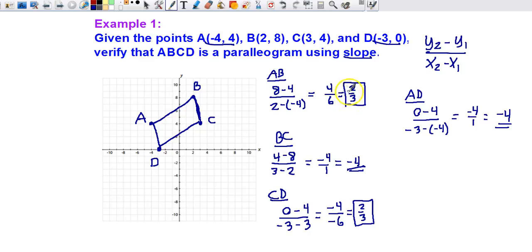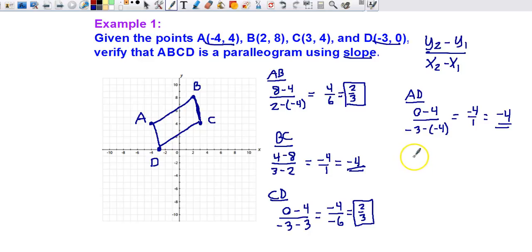Which means what? Does it mean that the opposite sides are congruent, parallel? Does it mean that the diagonals bisect each other? With slopes, you want to say that the opposite sides are parallel since the opposite slopes are the same. So our little proof, if you want to call it that, is really just a sentence.